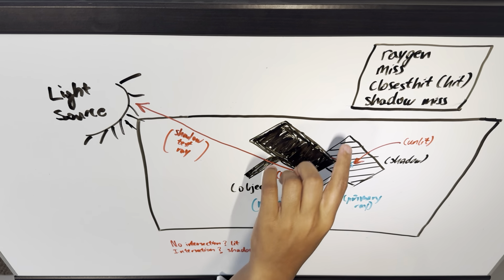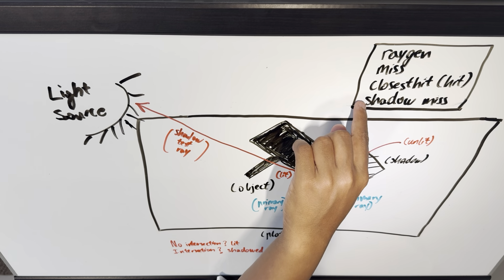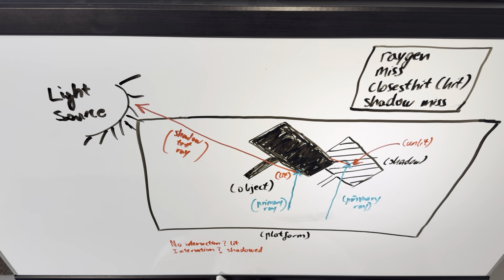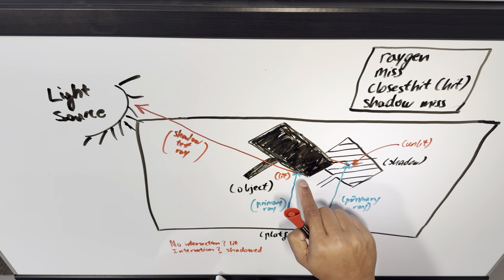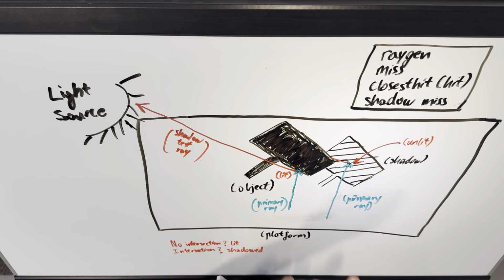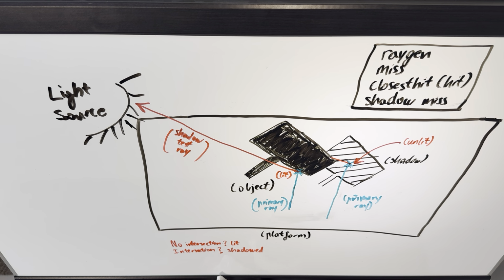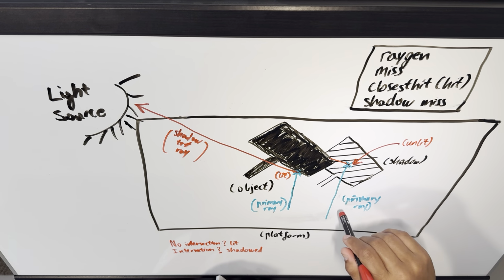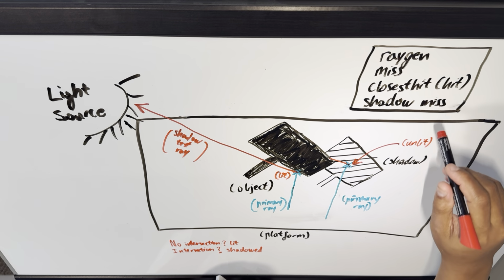And really what the shadow miss shader is doing is basically saying, hey, this point right here is actually lit. It's saying, hey, this point here is lit, so change the designation for this point to shadow equals false, right? Everything is assumed to be shadow equals true in the closest hit shader. Okay? I mean shadow, right?